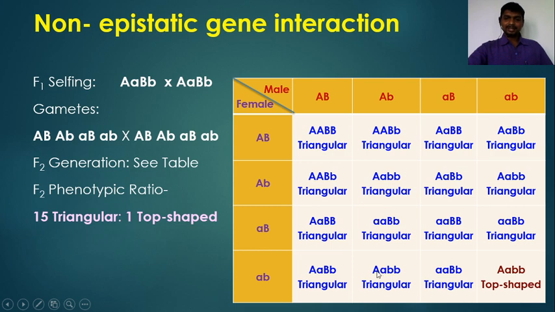Here the only dominant allele present is capital A, so the phenotype is triangular. In this case, where only one dominant allele B is present, the phenotype is triangular.